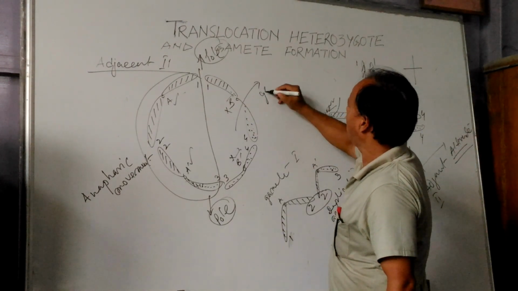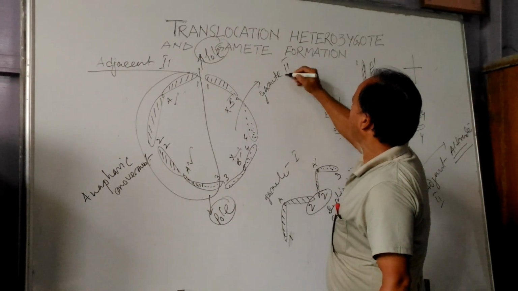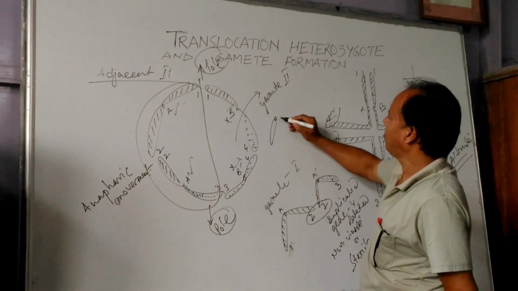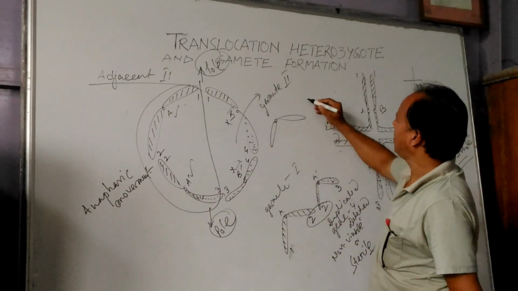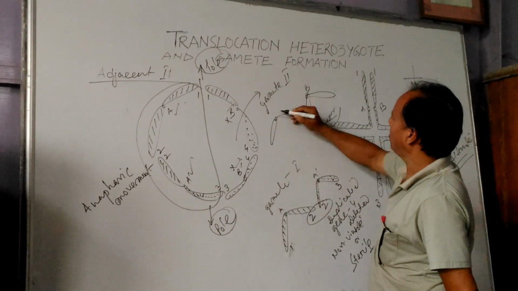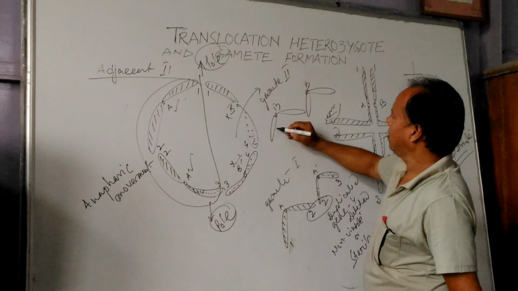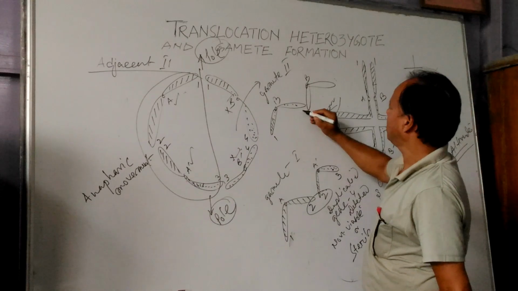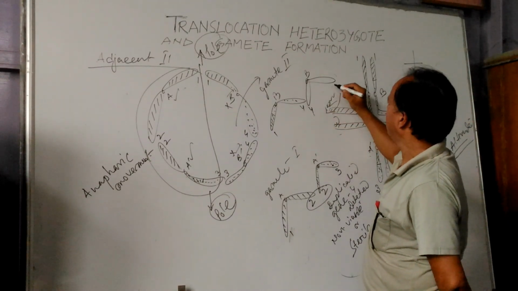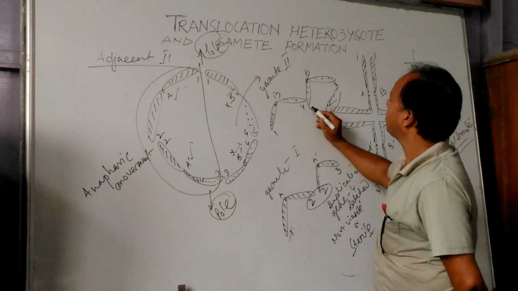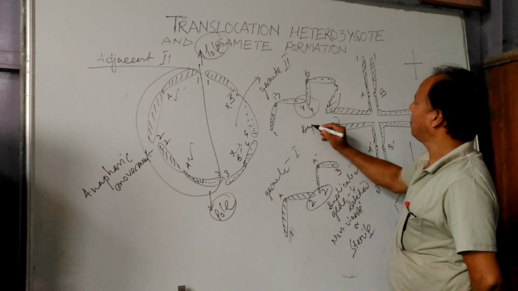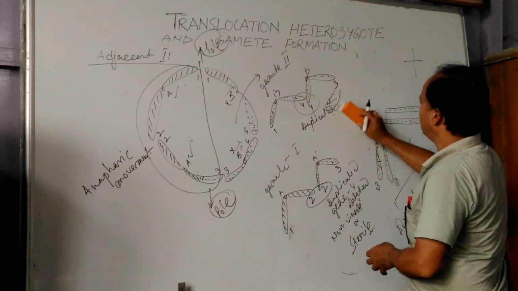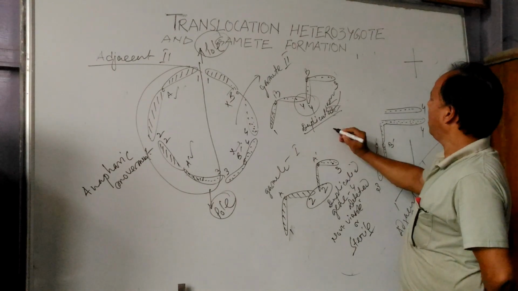Similarly, these two chromosomes are involved in the gamete formation, having the centromeres B prime and B. Here genes are 3, 4, 4, 1. So 4 is duplicated and gene 2 is deleted.